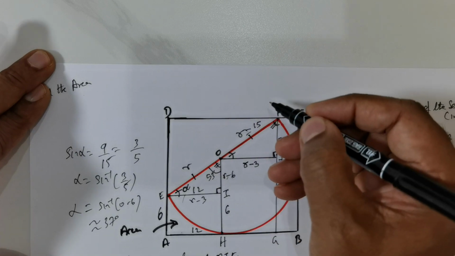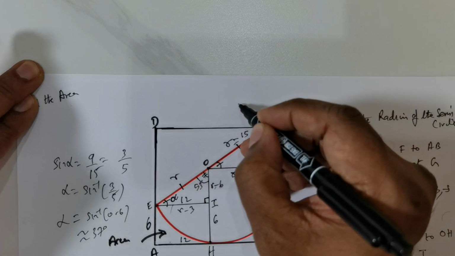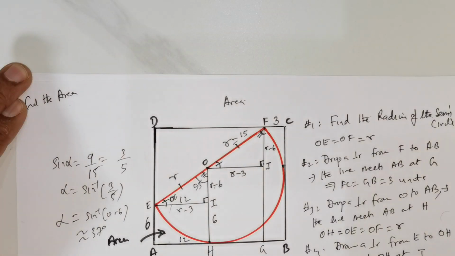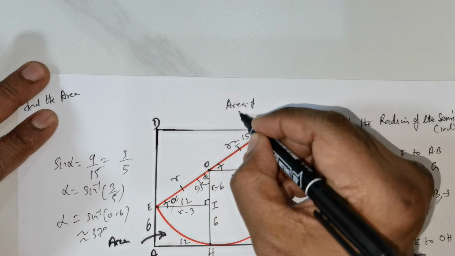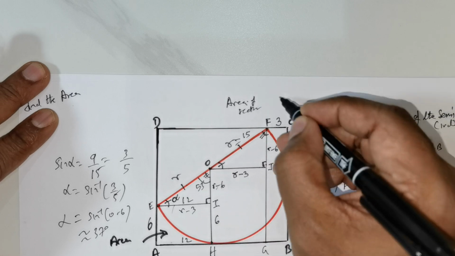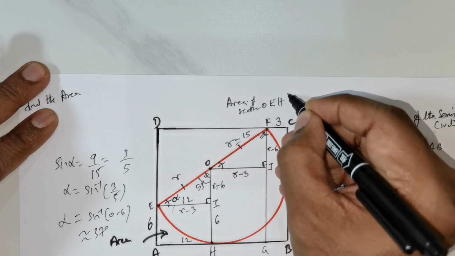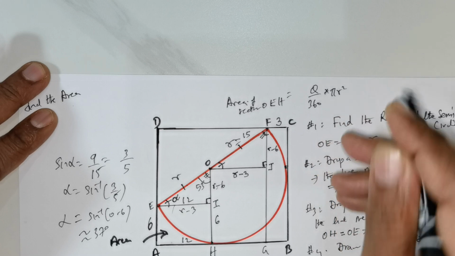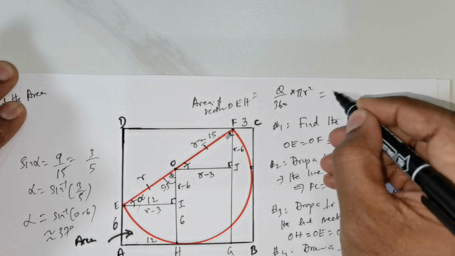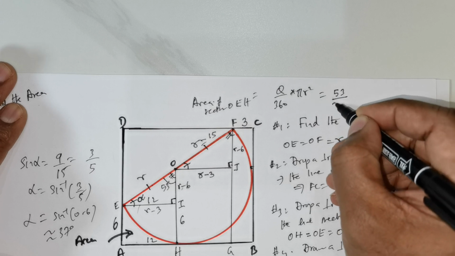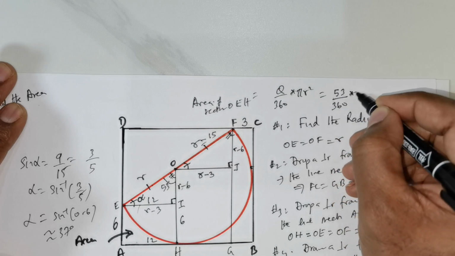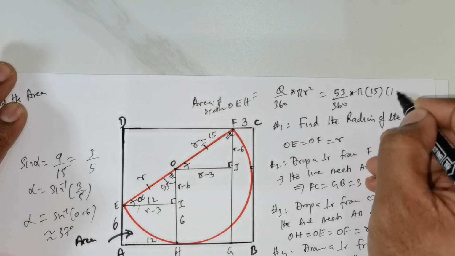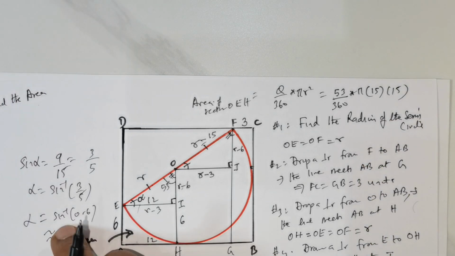Now having got the sector angle, let me find the area of the sector. So area of the sector, what sector are we talking about? OEH is equal to theta divided by 360 times pi r squared. So 53 degrees divided by 360, pi times r squared is 15 into 15.